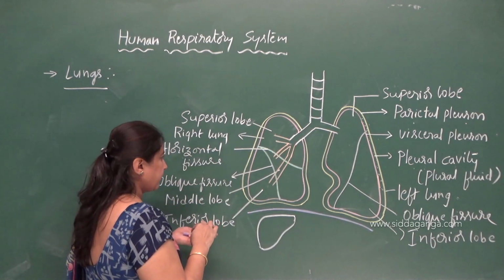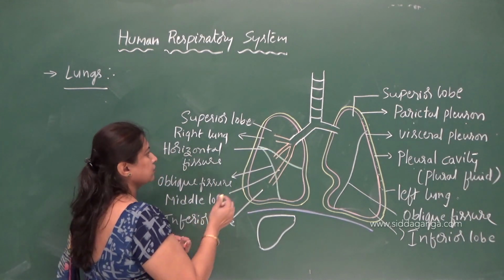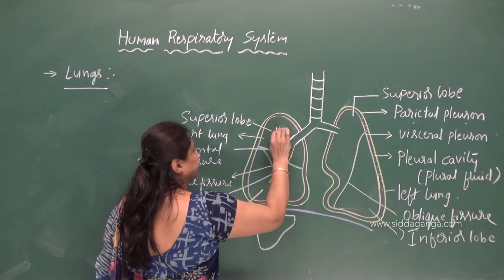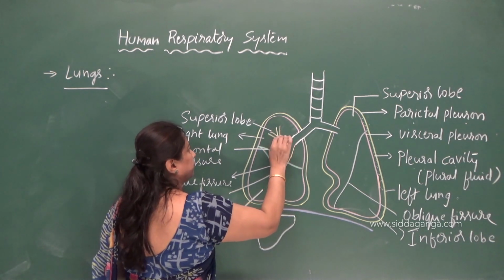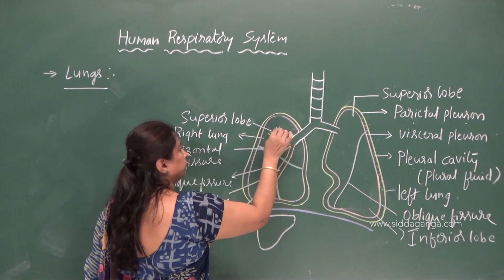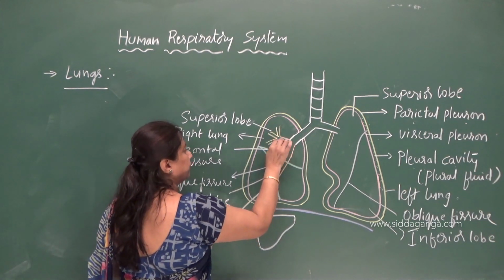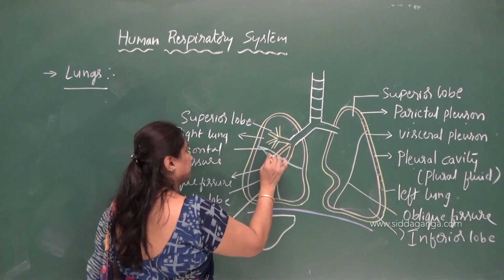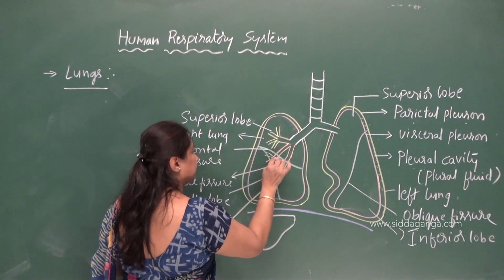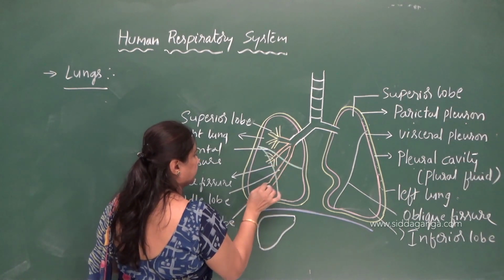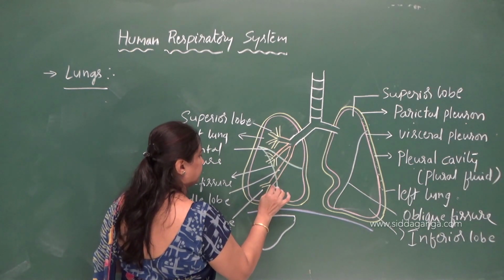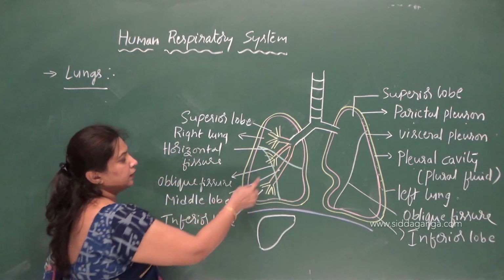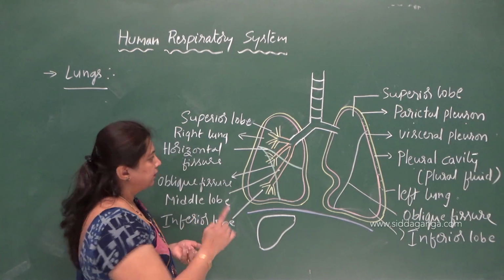The secondary bronchi in turn divide to form tertiary bronchi. How many tertiary bronchi are present in the right lung?